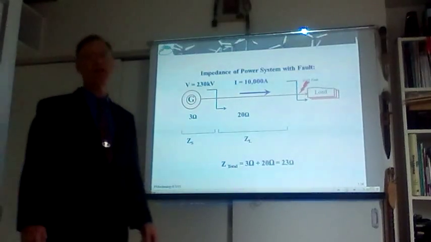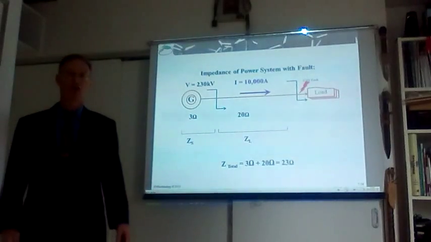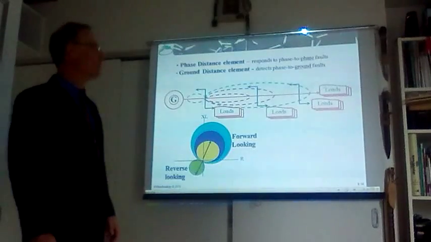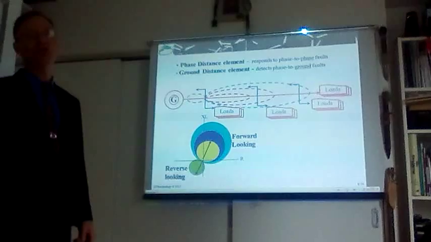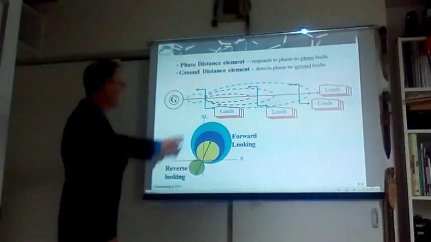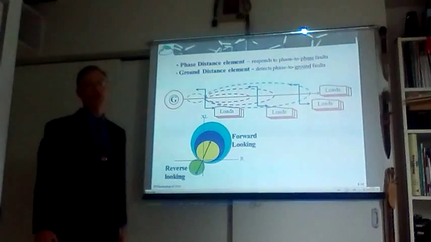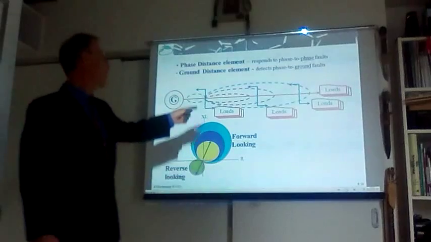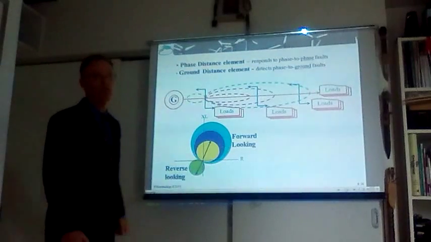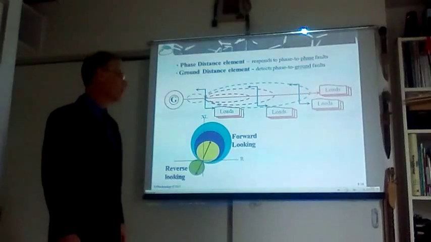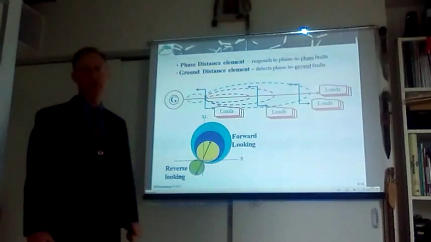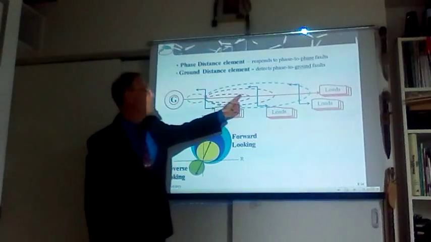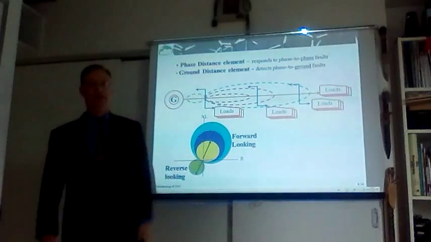The relay will see the increase of current, which means a fall in the impedance of the line, and conclude that it is supposed to trip. The relay is sitting right here. When we say sitting, we mean CTs and VTs. CTs are measuring the current, VT is measuring the voltage on the line. We must have those two measurements at the same time. The relay can look to a certain distance of the line.